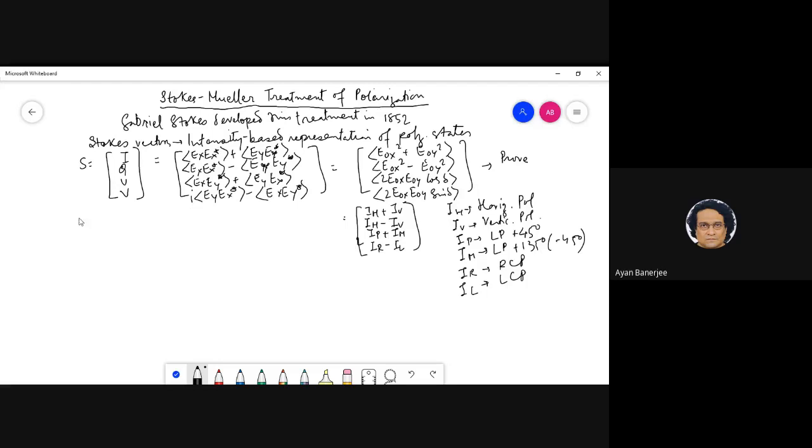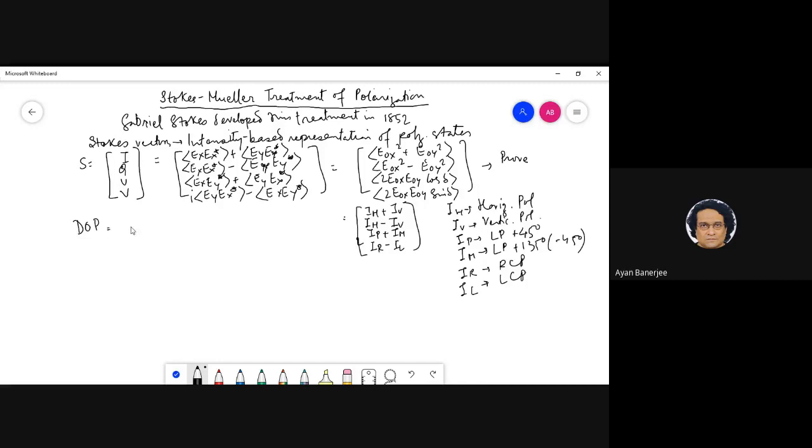So we should also define some other quantities. I think these are very crucial for experimental measurements, the experimental determination of polarization in light. You can quantify polarization of any type of light by measuring these parameters.